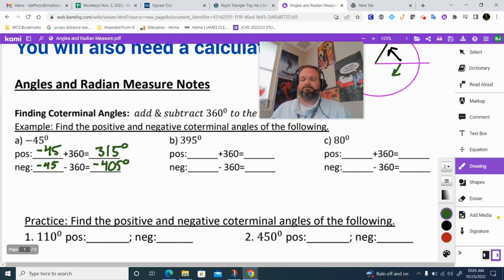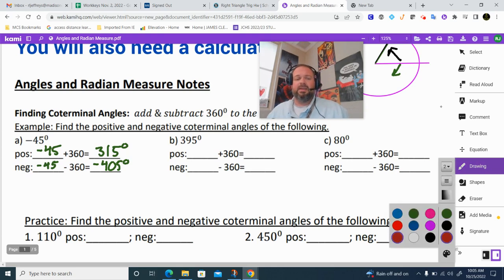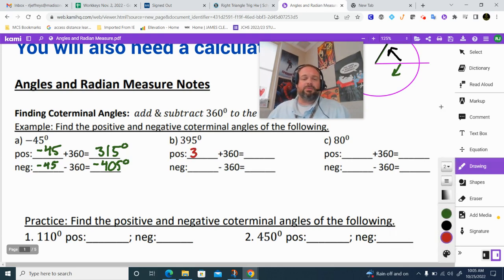Now this one we have 395. We would actually add 360 to 395. Now, I'm glad this one is in here because it's going to cause some confusion real quick.